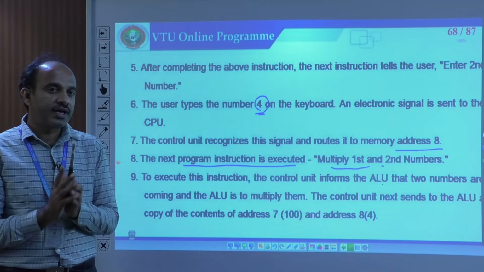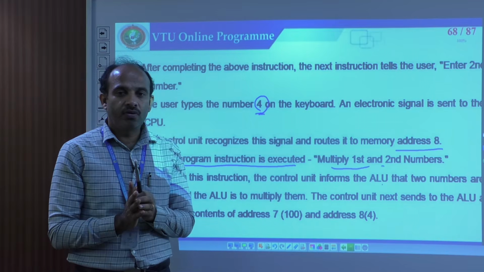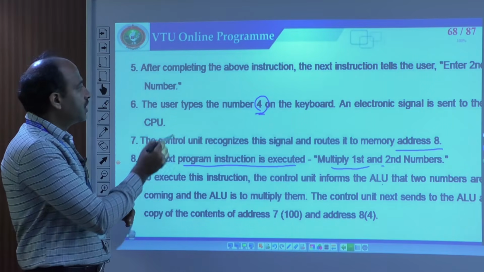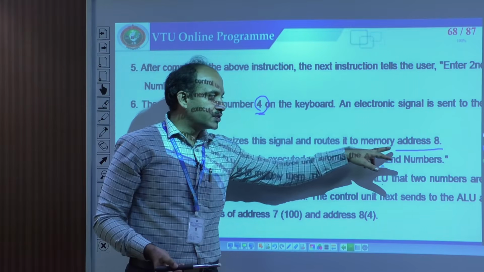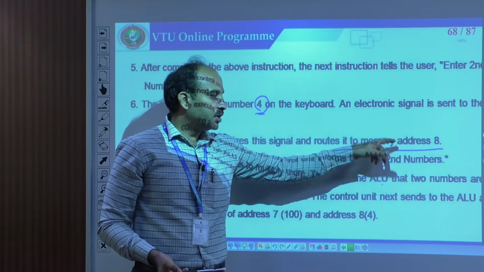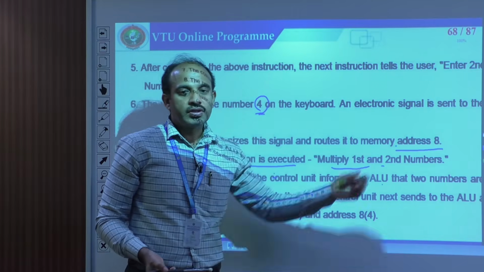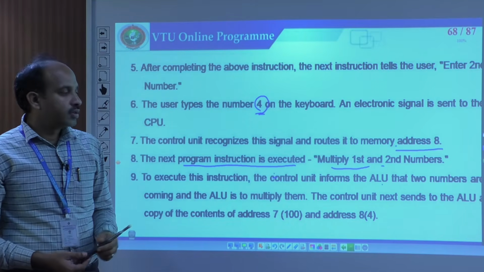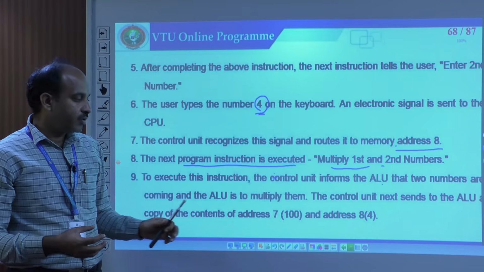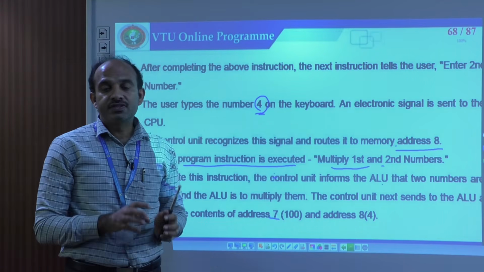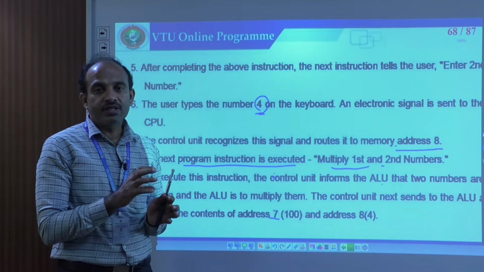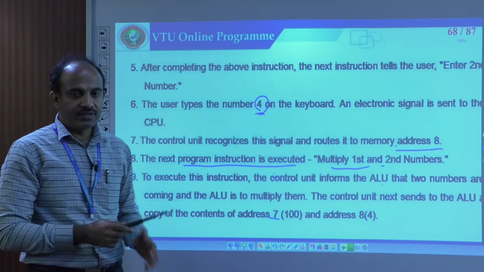It will not send exactly the 100 and 4, it will send the memory addresses: 100 was stored in 7 and 4 is stored in 8. So it sends the copy of the contents of address 7 and address 8.